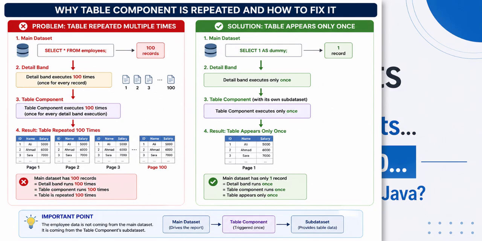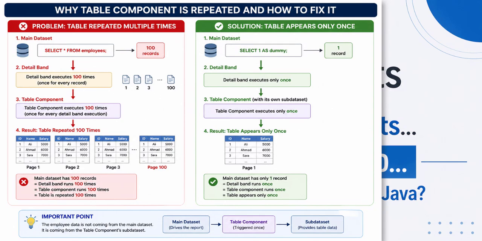To fix that problem, the main dataset should return only one record. For example, select 1 as dummy. Now the detail band is executed only once, so the table component is also executed only once.